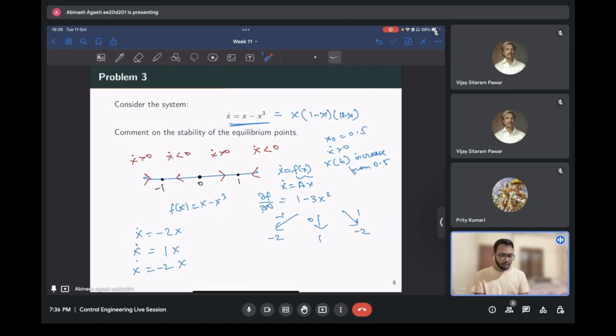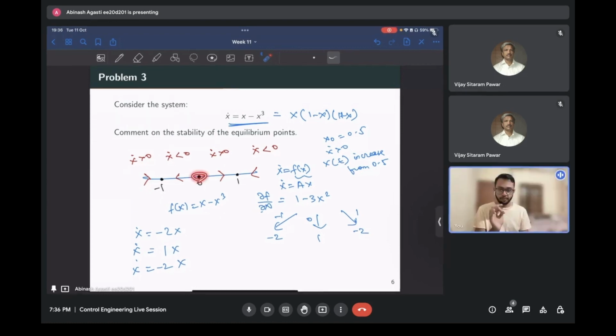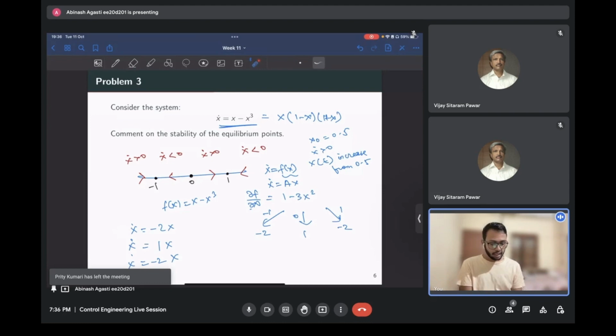If you look at 0, it is an unstable equilibrium point as given by this. Why? At that equilibrium point you won't move, because if you are at 0, x dot is 0, there won't be any change. But say you are nearby, or there is some perturbation, then you will never come back to 0. You'll keep going away from it in either direction.